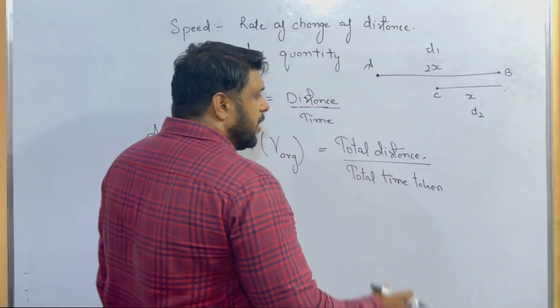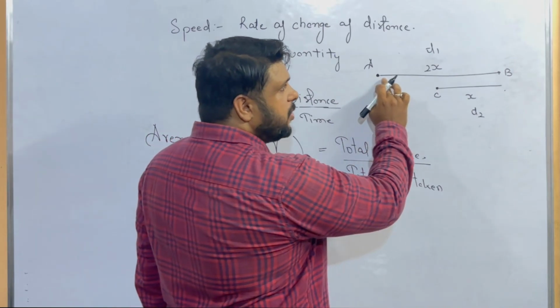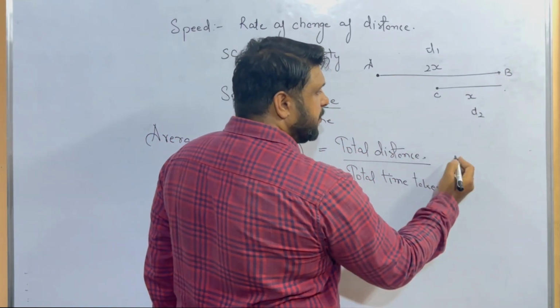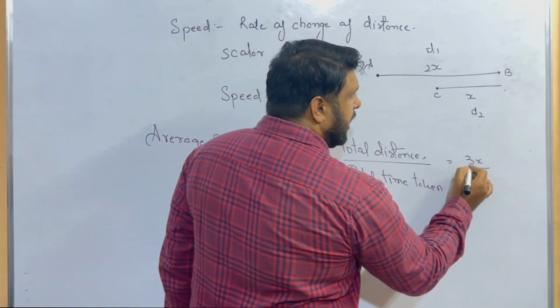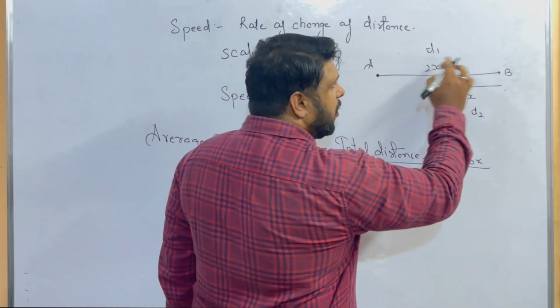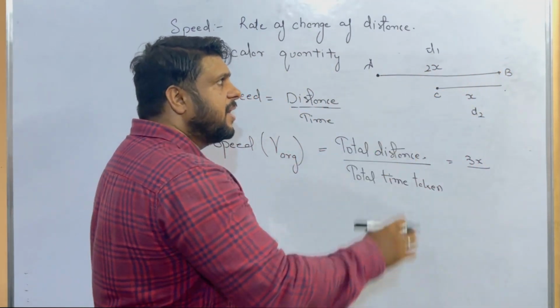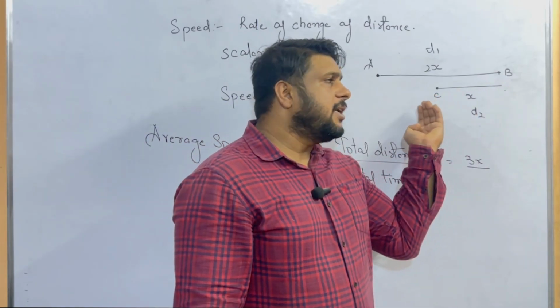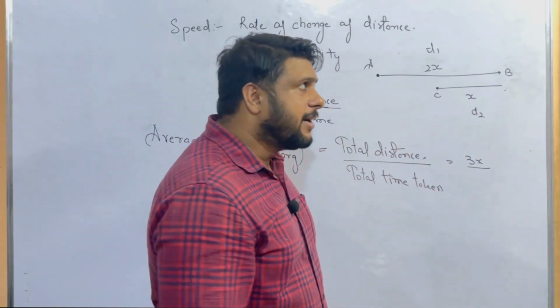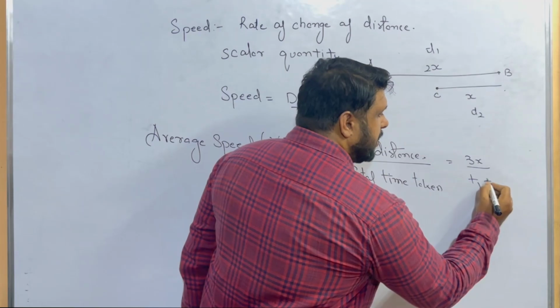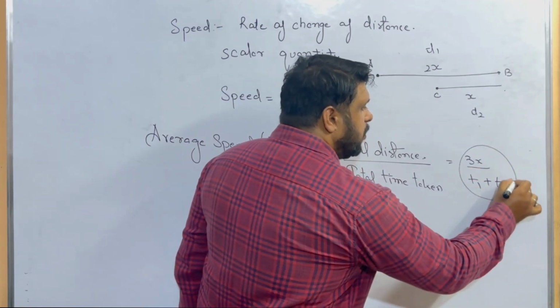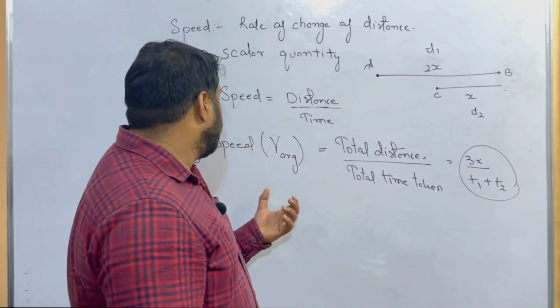Now the total distance traveled is going to be 2x plus x, which is 3x. The total time is T1 for A to B and T2 for B to C, so the total time becomes T1 plus T2. This is how we are going to calculate average speed.